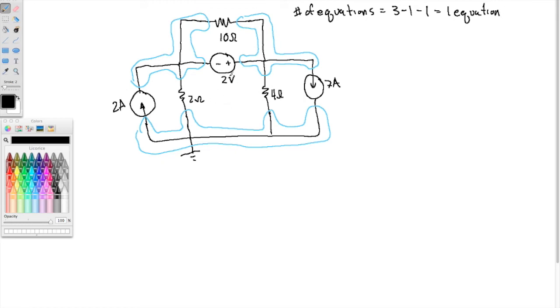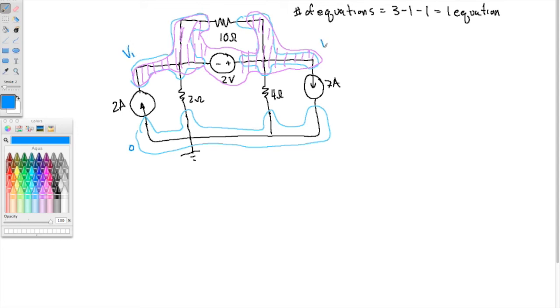Alright, well, I have a voltage source that is connected between 2 non-ground nodes. So that is going to make a supernode. So this whole thing here is a supernode in purple. If we call this node 0, this is node 1, so we'll call this V1.